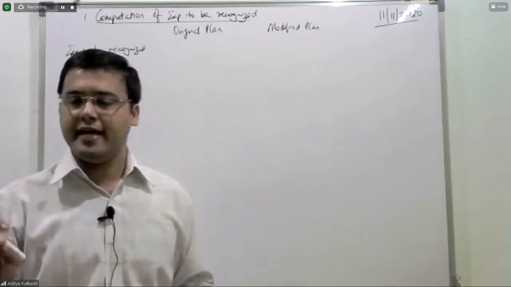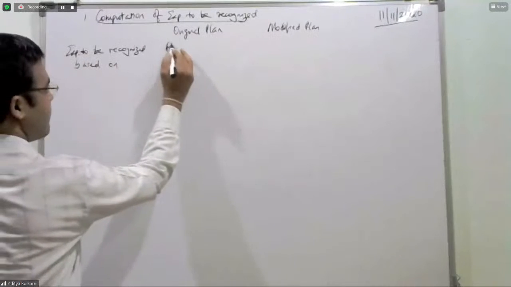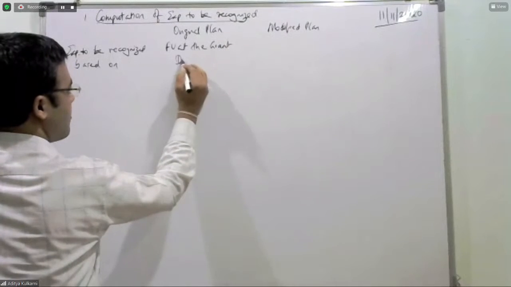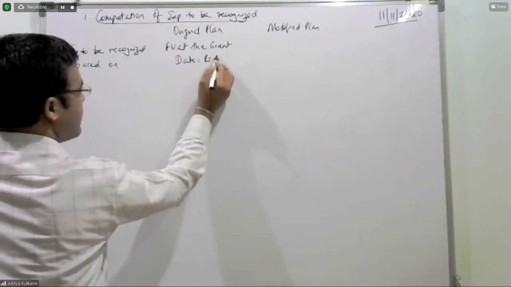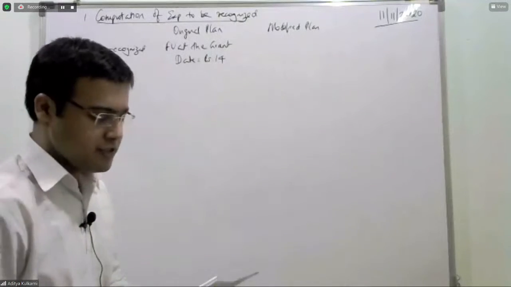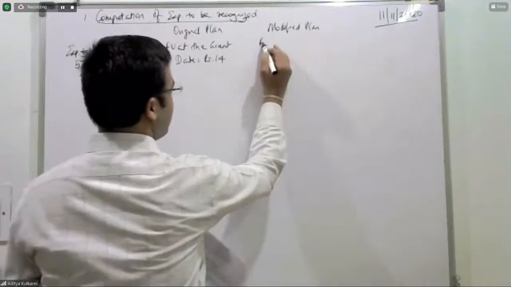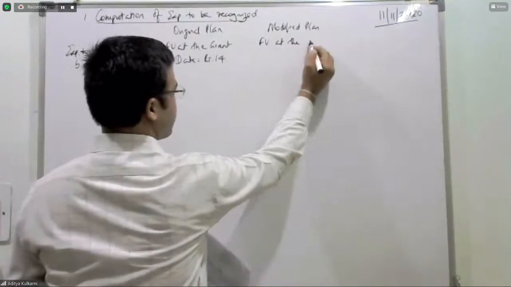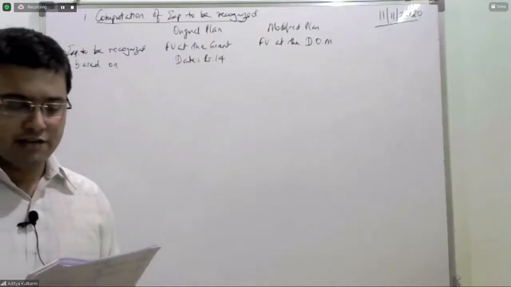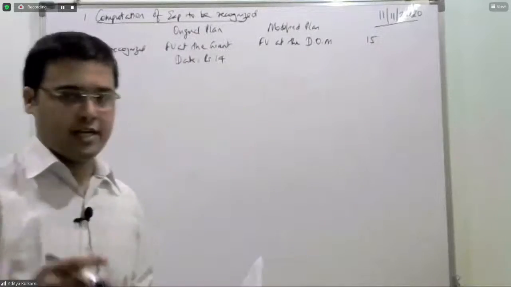Original plan, the basis will be the fair value at the grant date. Which is how much in this problem? Fair value at the grant date is rupees 14. Now, the modified plan, fair value at the date of modification. DOM means date of modification. That is how much? 15 rupees.